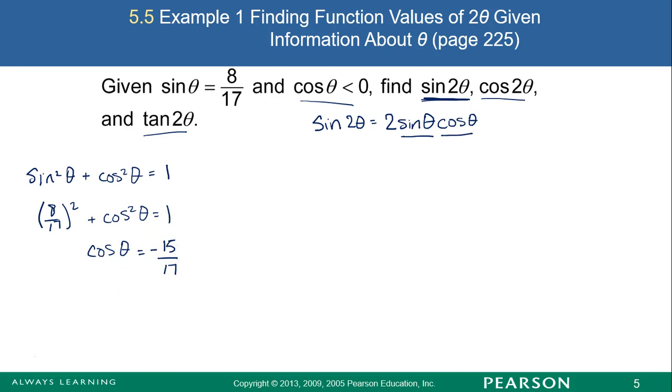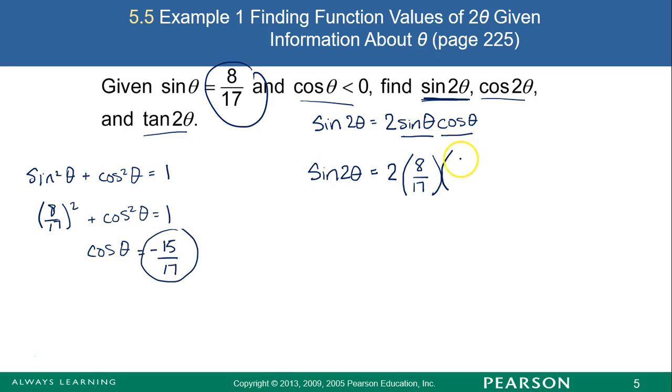So we've got cosine, we've got sine, so let's use this identity to find what sine of 2 theta is equal to. Sine of 2 theta is equal to 2 times sine of theta, which is 8 over 17, this value up here, and then times cosine theta, which is negative 15 over 17.